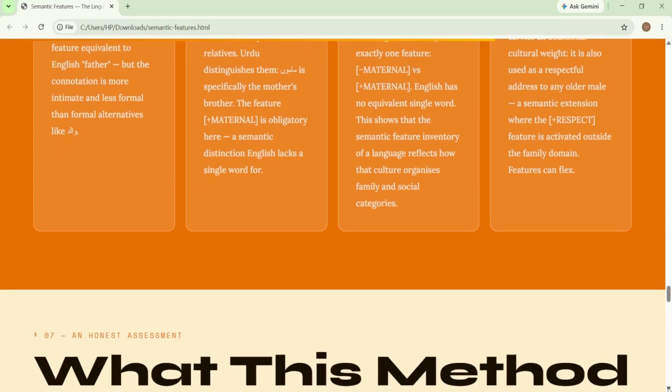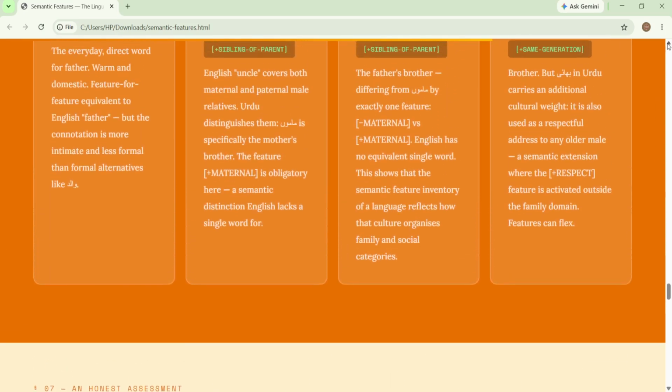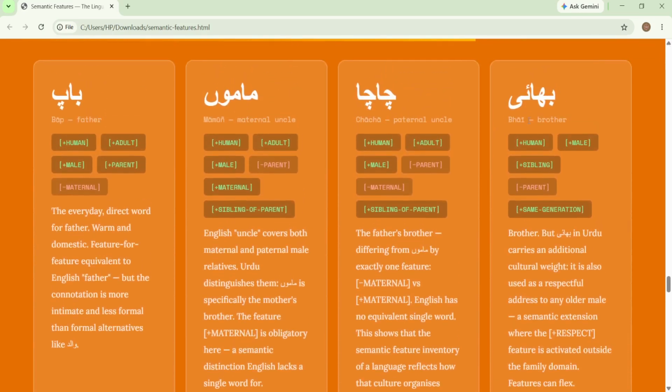So these are some of the terms. Let's go a little bit further. Look at it. There are other terms, like the wife of chacha is chachi, and so on. There are many other relations too, like taya, tai, phupho, phuppa.